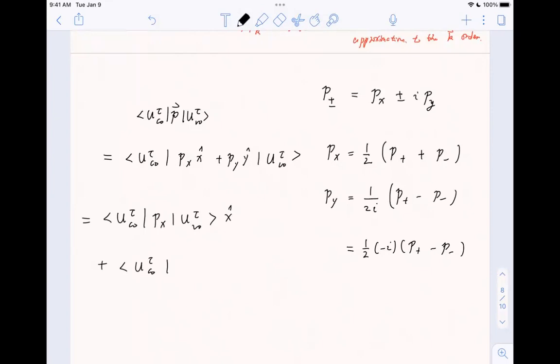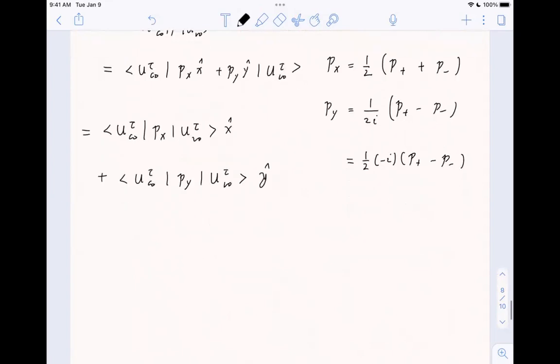Let me see. No, because your K dot P, your K only has the XY component. The Z component won't be there, in this model. So you're going to separate them. You're going to write 4 terms.